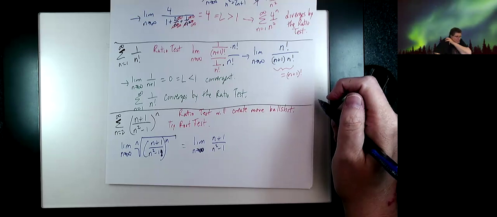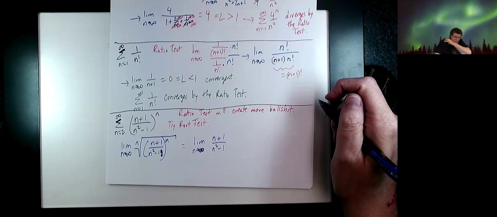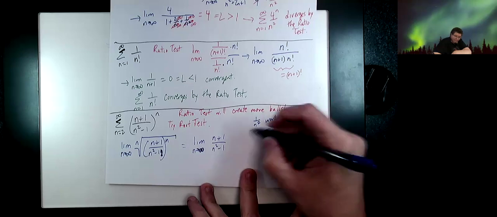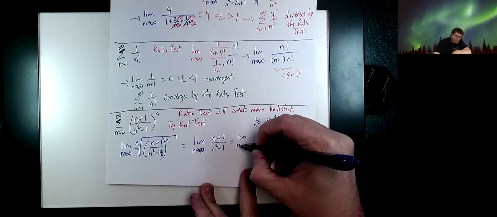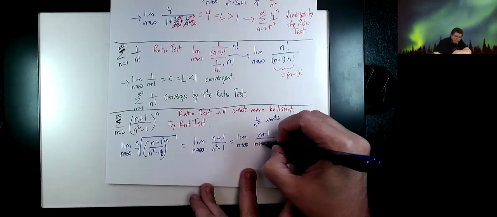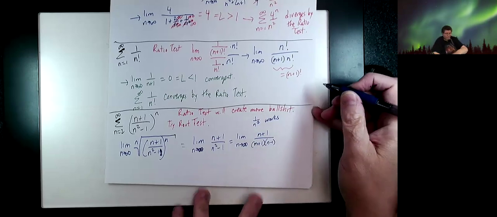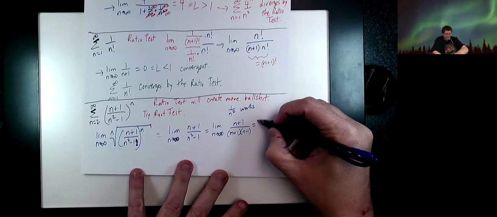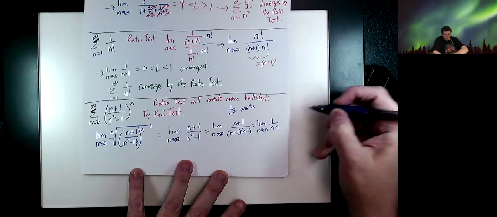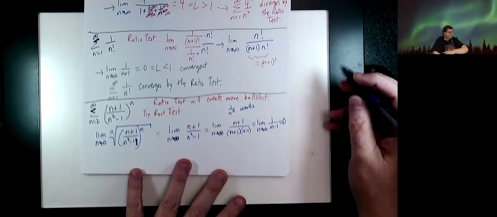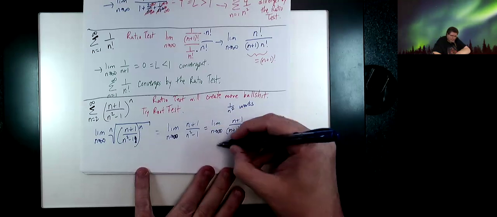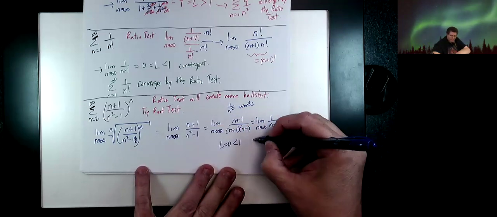There's a couple ways you could do this. We could do 1 over n squared, which works here, or factor. And we get the limit as n goes to infinity of 1 over n minus 1, which equals 0. So L equals 0, less than 1, convergent.